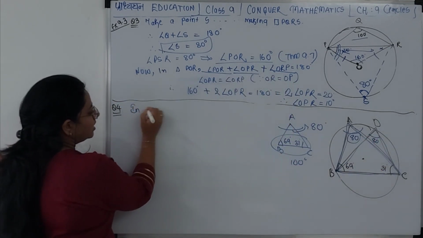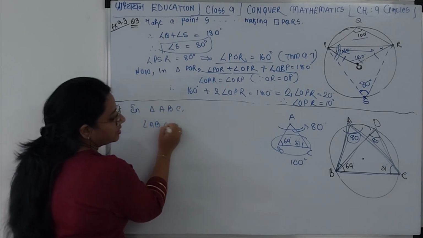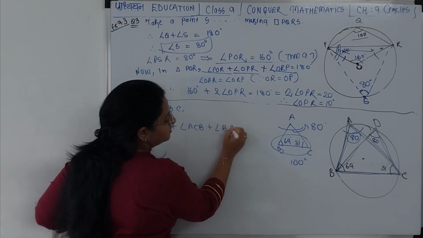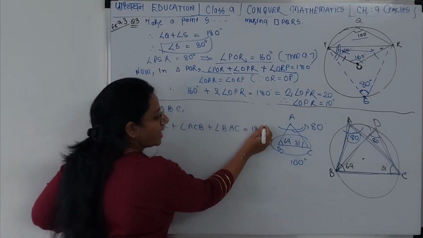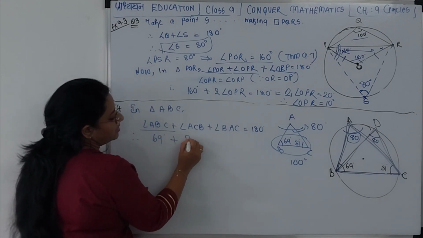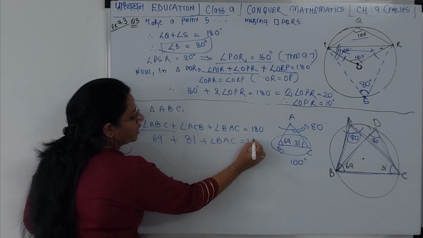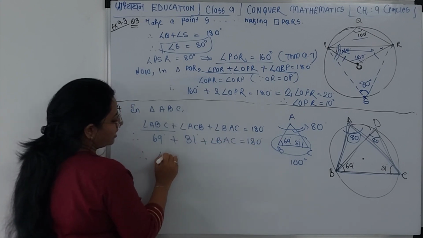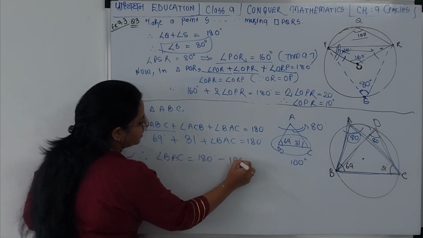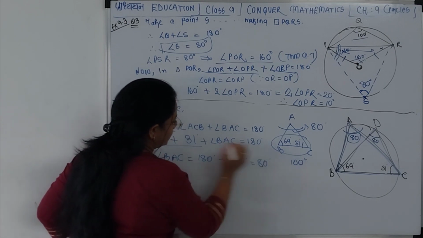We'll say in triangle ABC, angle ABC plus angle ACB plus angle BAC is equal to 180 by angle sum property. ABC we are given as 69, ACB we are given as 31. Therefore, angle BAC is equal to 180 minus 100. 69 plus 31 is 100 and therefore this is equal to 80 degrees.